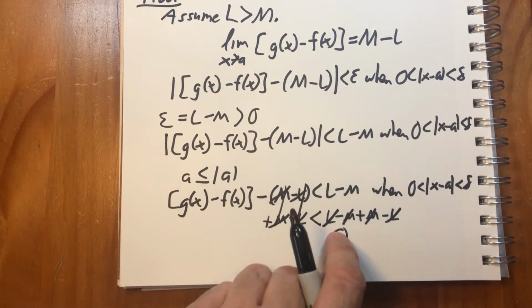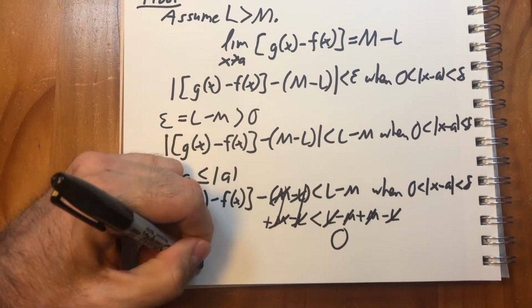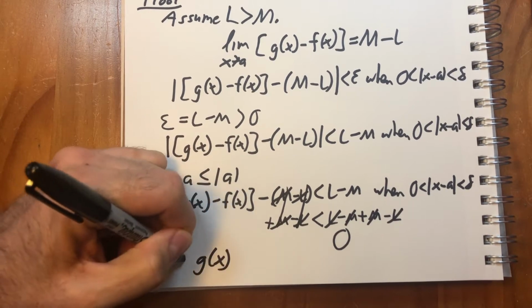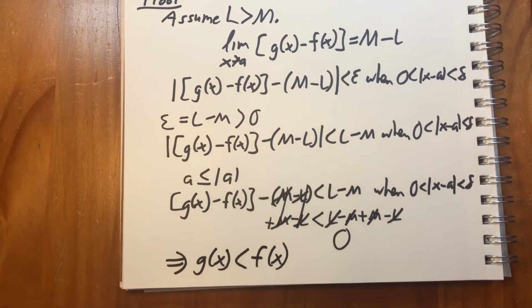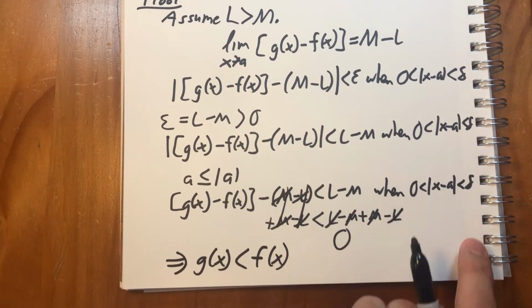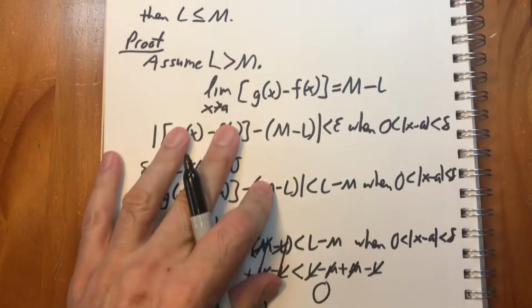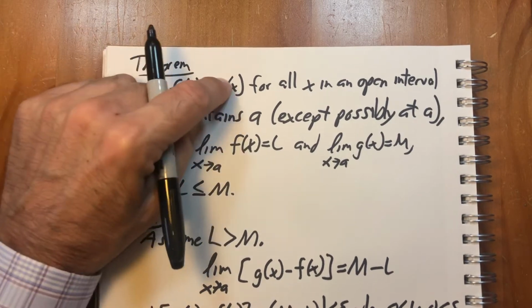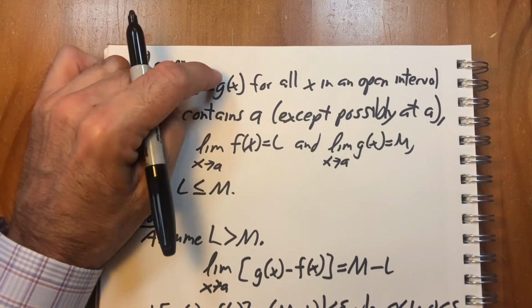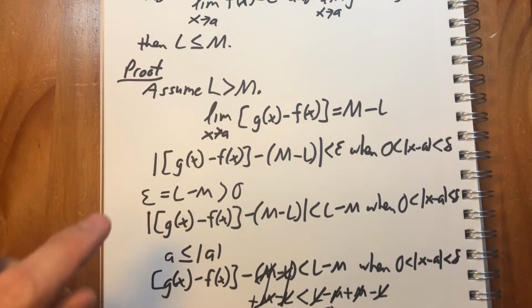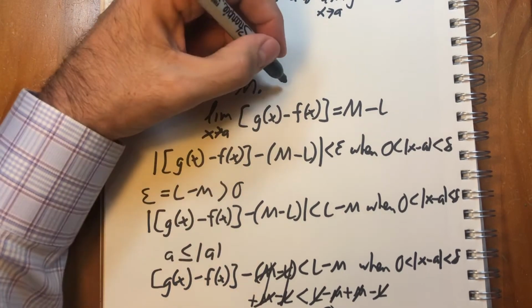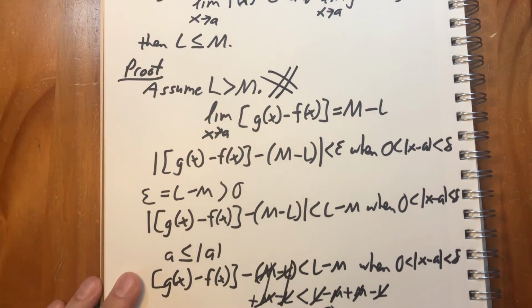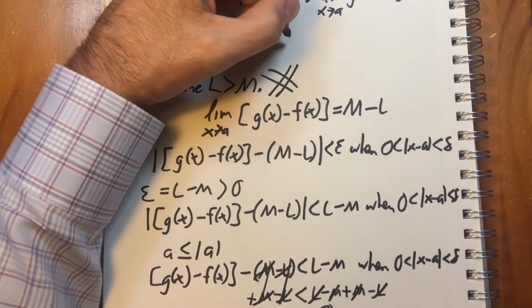Then we can add f of x to both sides, and we have that g of x is less than f of x whenever the absolute value of x minus a is less than delta. But that contradicts the original assumption that f of x is less than or equal to g of x. So our assumption that L is greater than m must be wrong. Therefore, L is less than or equal to m.